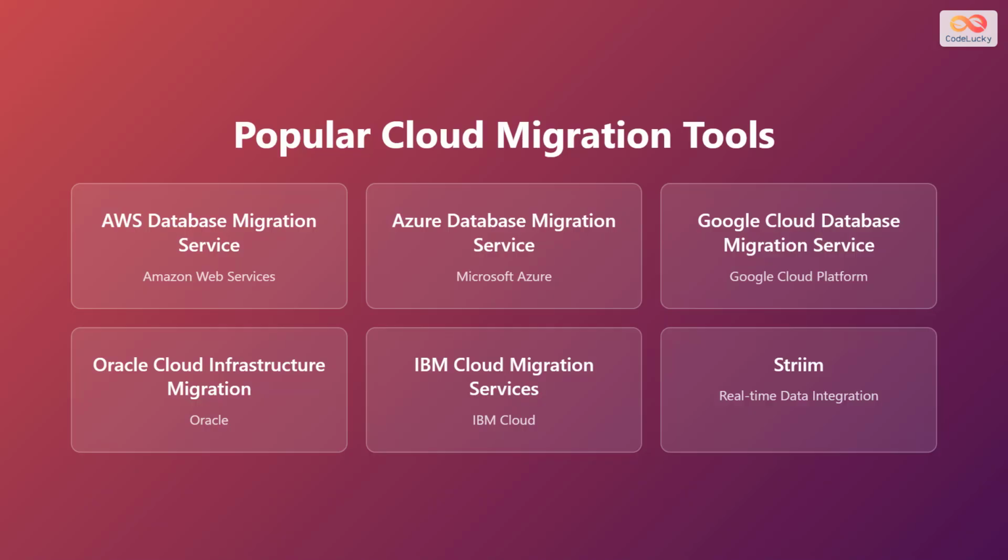Oracle Cloud Infrastructure Migration helps move Oracle databases and other workloads to Oracle Cloud. IBM Cloud Migration services support various database types moving to IBM cloud environments. Additionally, third-party tools like Stream provide real-time data integration and migration capabilities across multiple cloud platforms, offering flexibility for complex migration scenarios.